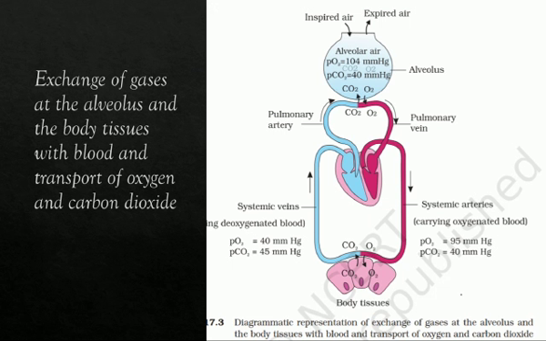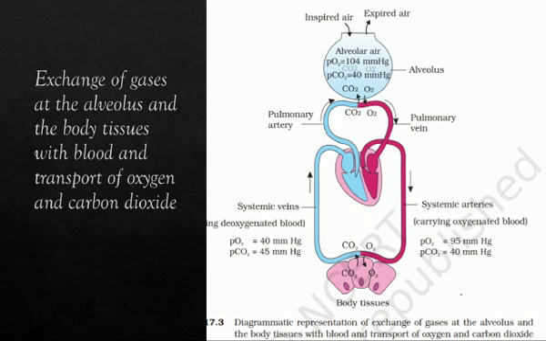In this slide, we are watching the exchange of gases at the alveoli and the body tissues with blood and transport of oxygen and carbon dioxide. First of all, we see alveolar air, where partial pressure of oxygen is 104 millimeter of mercury and partial pressure of carbon dioxide is 40 millimeter.